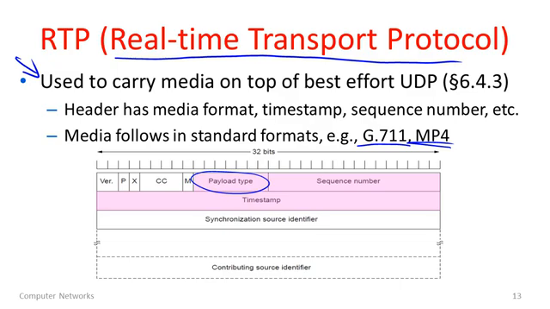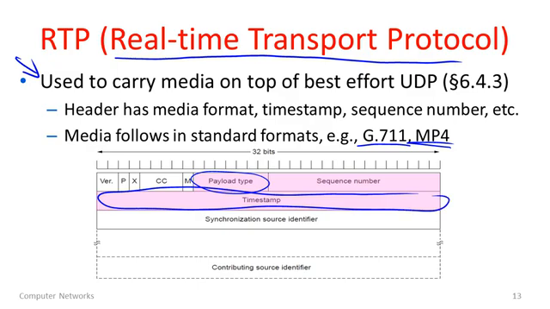As well as the payload type or the media format, there's other information. Some of the key information is the timestamp. This is crucial for knowing when to actually play out those samples. So this is something that didn't exist in UDP and is really crucial for the real-time transport of media. And finally, I mentioned there is this sequence number.